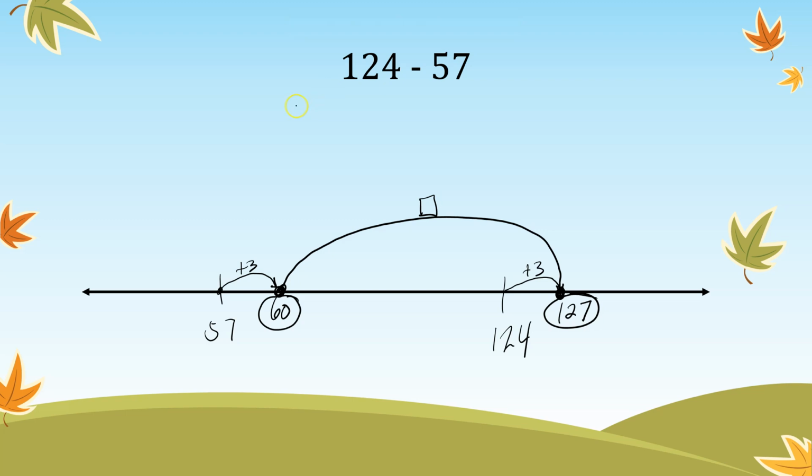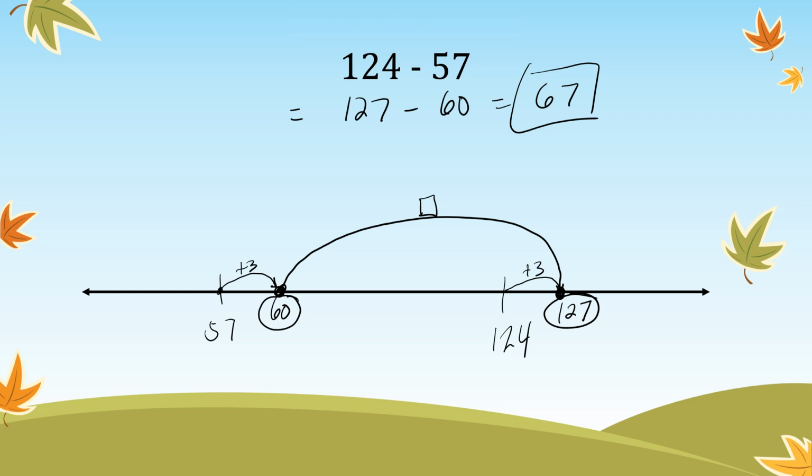So this is the same as 127 minus 60. And I know 120 minus 60 is 60 because I know my double facts, right? 6 and 6 make 12, so 60 plus 60 is 120. So I have 67 as my answer. Okay, and that is how the sliding method works, how you make a subtraction problem look nice.